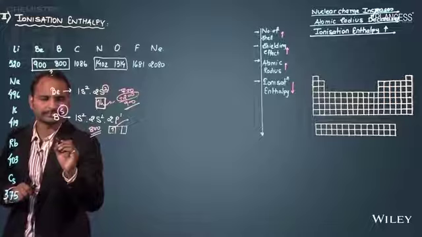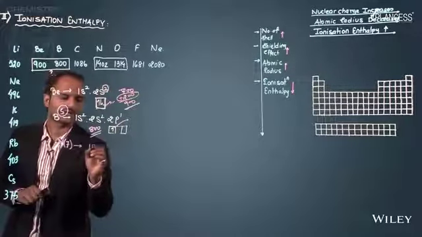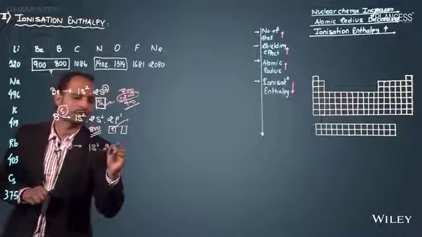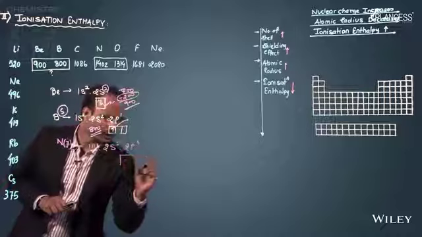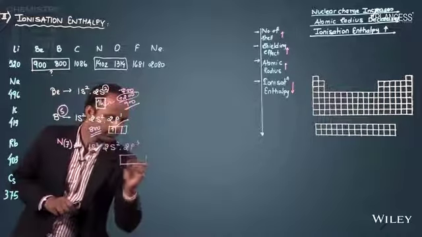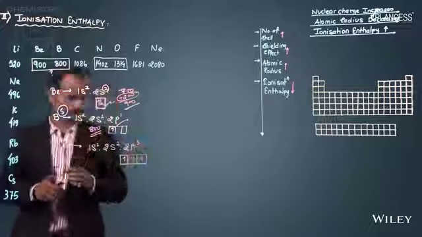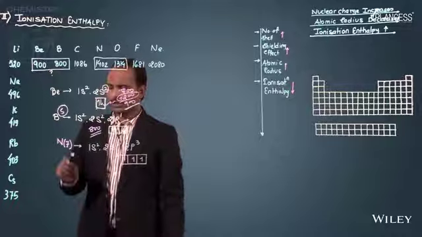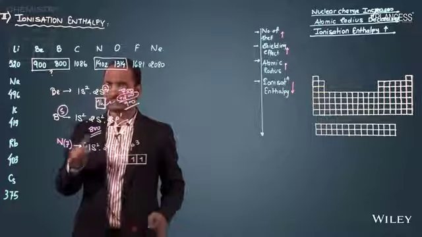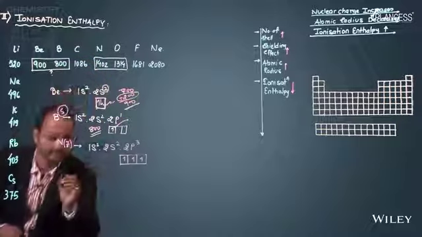Nitrogen, atomic number is 7 and its electronic configuration is 1s2, 2s2 and 2p3, having 3 electrons in the outermost orbit. Now, after nitrogen, the next is oxygen.